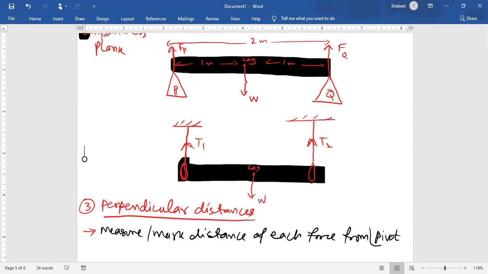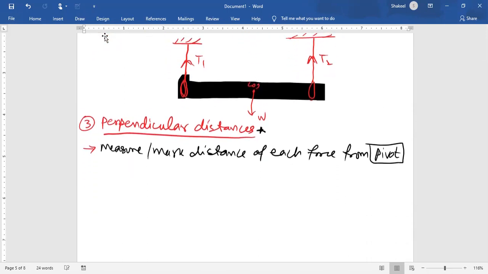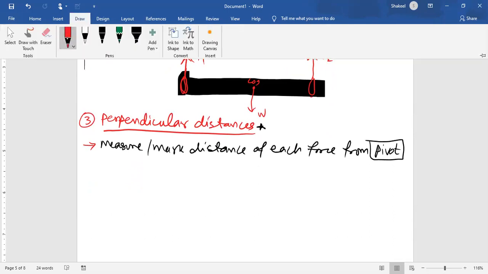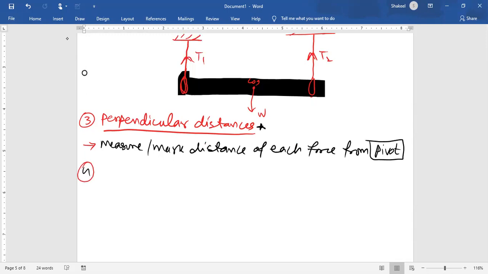So you have to measure. This is the most important point, and students usually do most of the mistakes in marking the distance. You always have to measure the distance of each force from the standard pivot. Okay, number 4 is type of moments produced by forces.